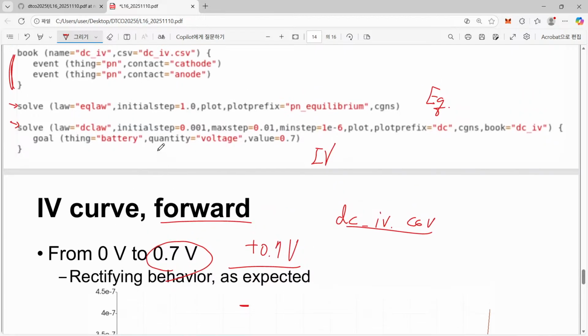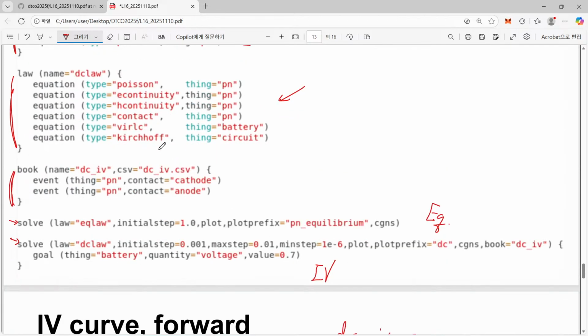Actually, what you have to do is simply, instead of this positive value for your battery voltage, please try a negative value for your goal value. One thing we have to be careful about is you cannot do it at once. I mean that always we must start from 0 volt. That is the given starting point.